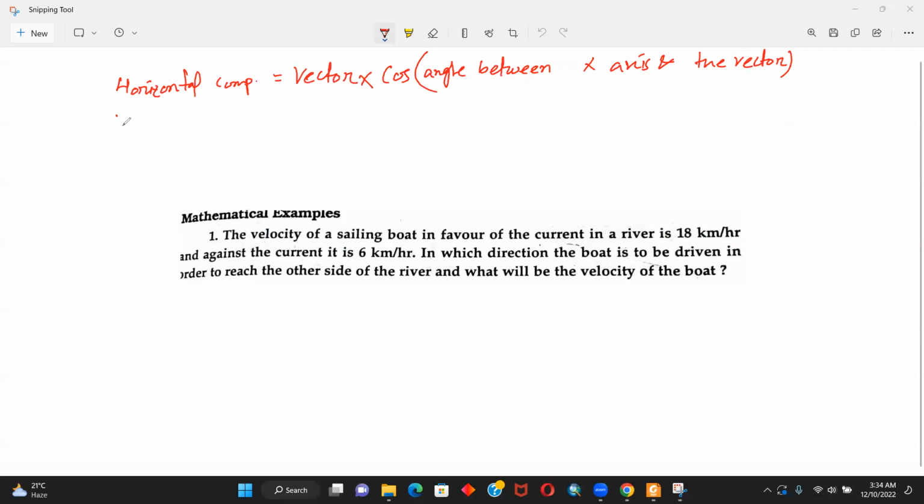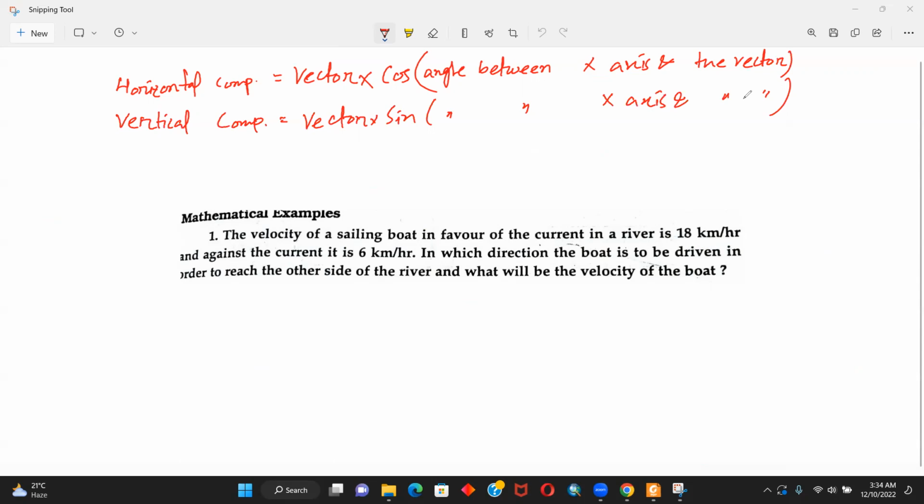And what is the vertical component? It will be equal to the vector times sine, and again the angle between the x-axis and the vector. This doesn't change at all. They remain the same.